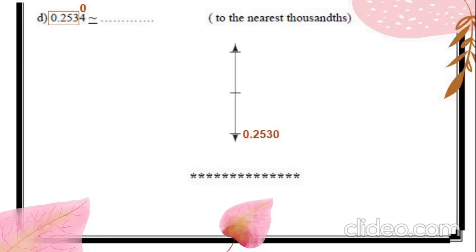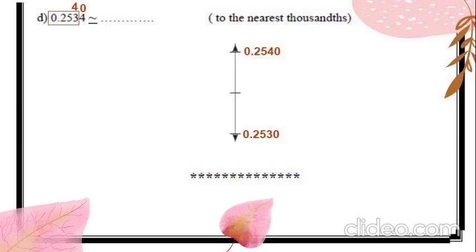Okay, back to the original one to find the greater number. Here again, which digit is under the thousandths? It's 3. So ask yourself, which digit is just after 3? 4. So that means the greater number is 0.2540. Okay, how can I find the midpoint?